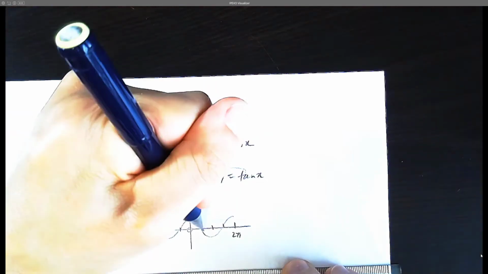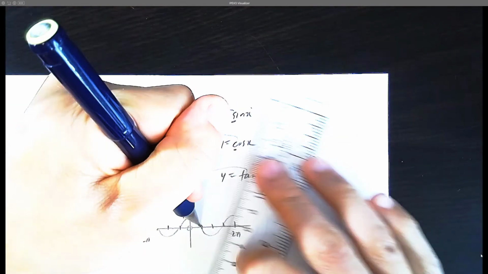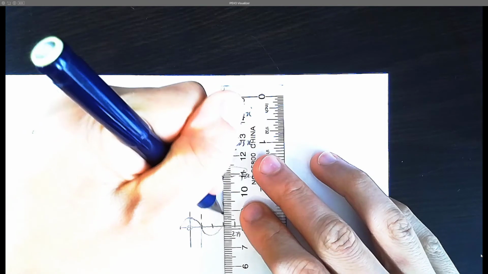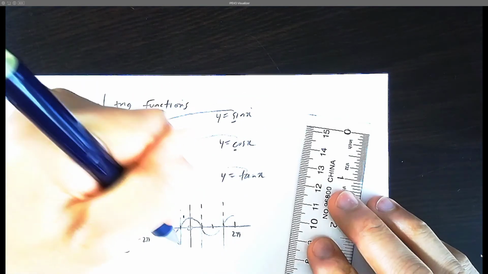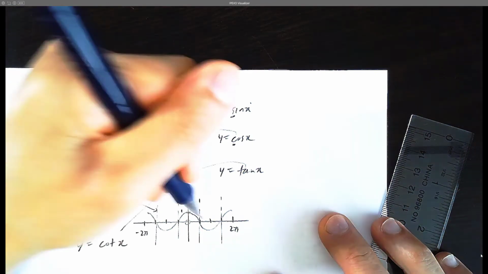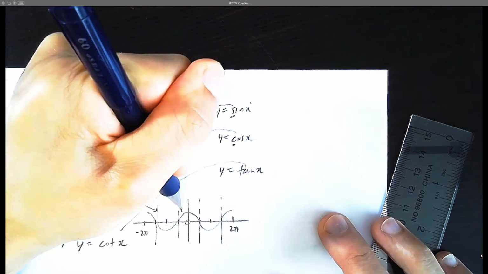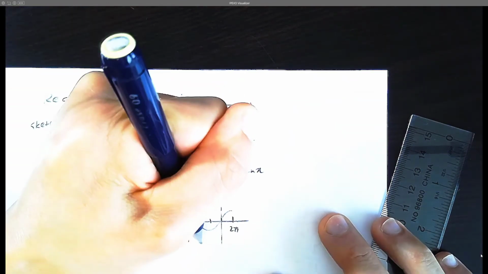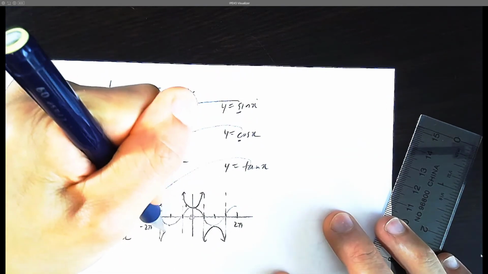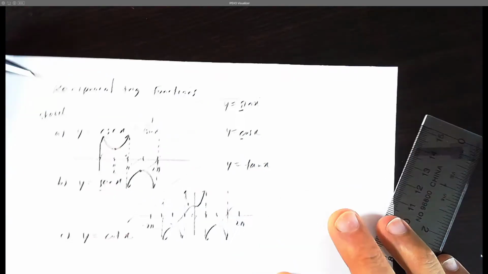And similarly, whenever there's a 0, you can just draw some imaginary vertical asymptotes. And the secant graph would just kiss the bumps as well. So this here would be the secant graph. There's a minimum here, and the secant graph would be like this.